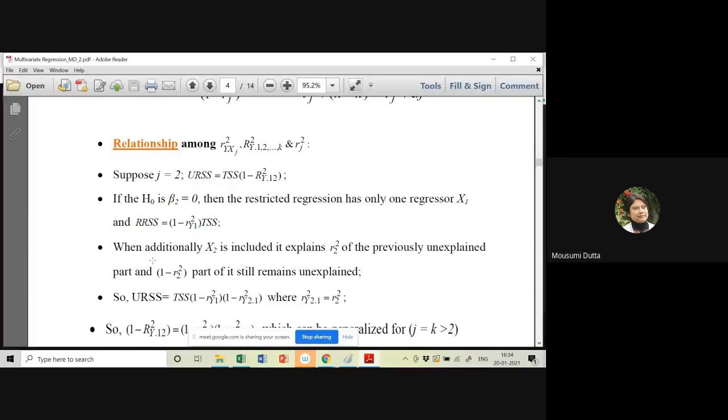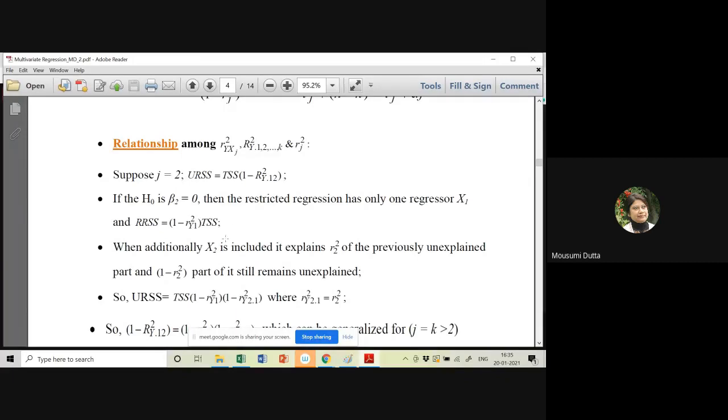Next, when additionally x2 is included, so I'm dropping x2 and then telling that when additionally x2 is included, it explains r2 square. This is the partial correlation of the previously unexplained part, and 1 minus R2 square part of it still remains unexplained, the way we explained in terms of Rj square.